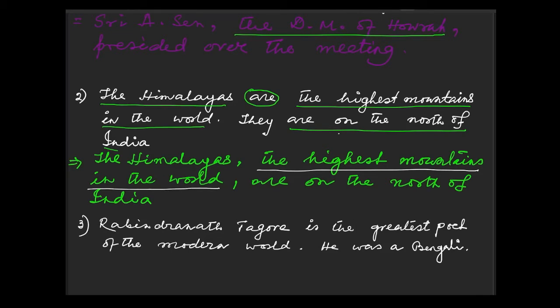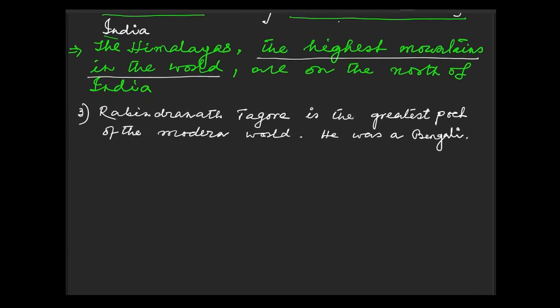Okay. Now come to this sentence. Rabindranath Tagore is the greatest poet of the modern world. Rabindranath Tagore, noun, the greatest poet of the modern world, will be connected together with the use of a comma at this place, right?